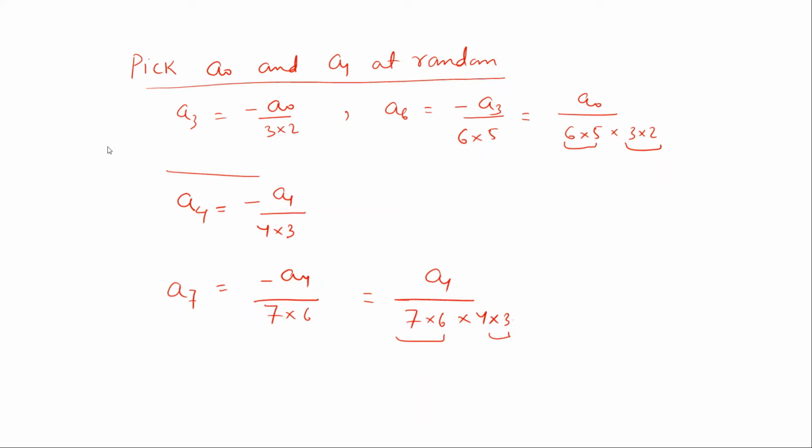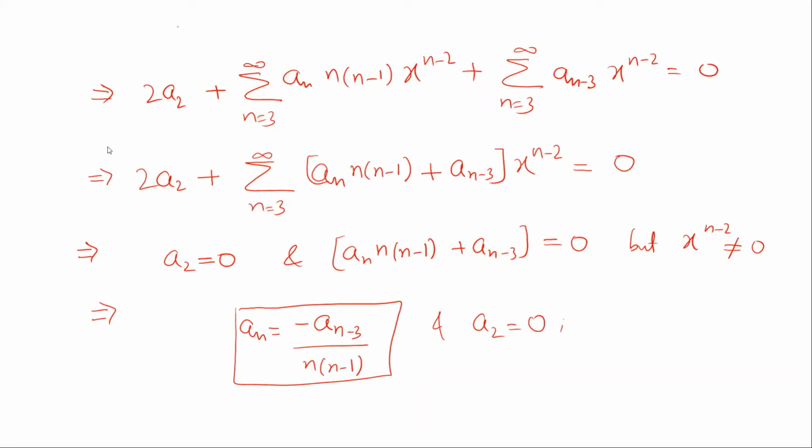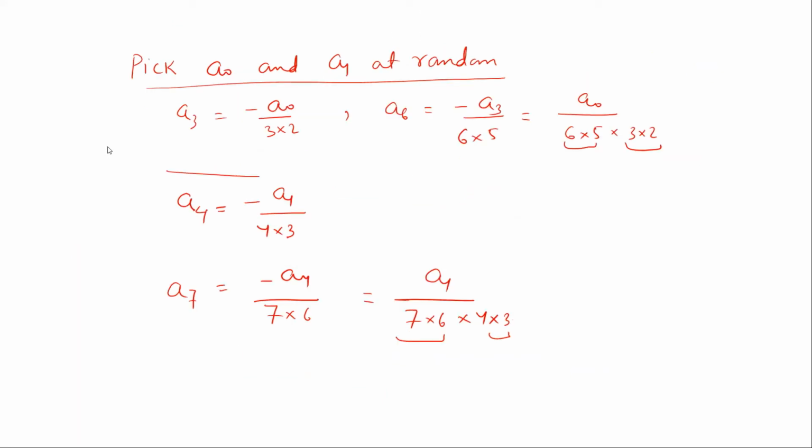Before this, we have seen that these were equal to 0, so a_2 must be equal to 0, since x to the power n minus 2 can't be 0. So this gives a_n equal to this formula and a_2 equal to 0. Now we have picked a_0 and a_1 at random, and we have solved it.